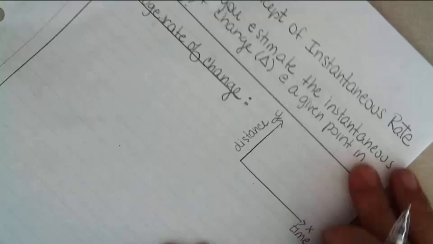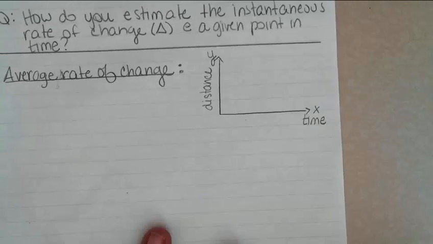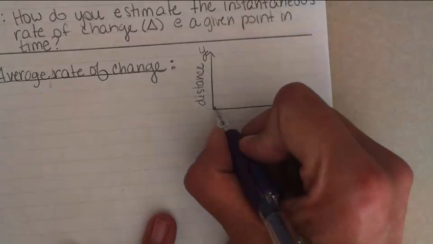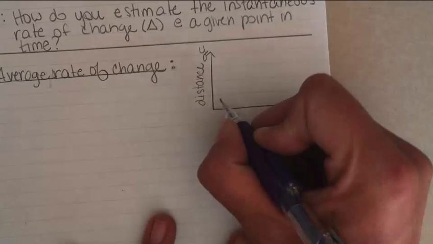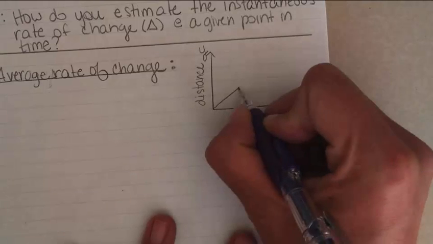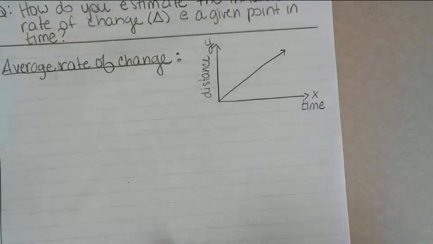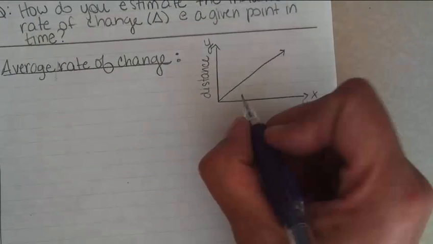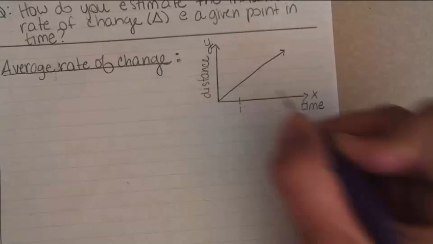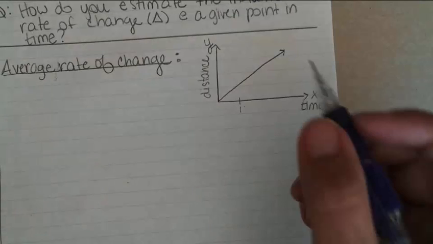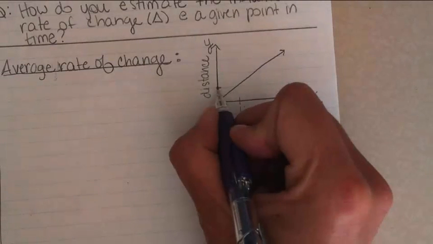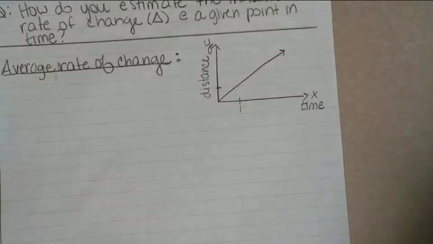So just a very simple example here, but let's say over time I maintain a steady rate. Okay, so maybe an hour goes by and I've gone, what would be a good example here?